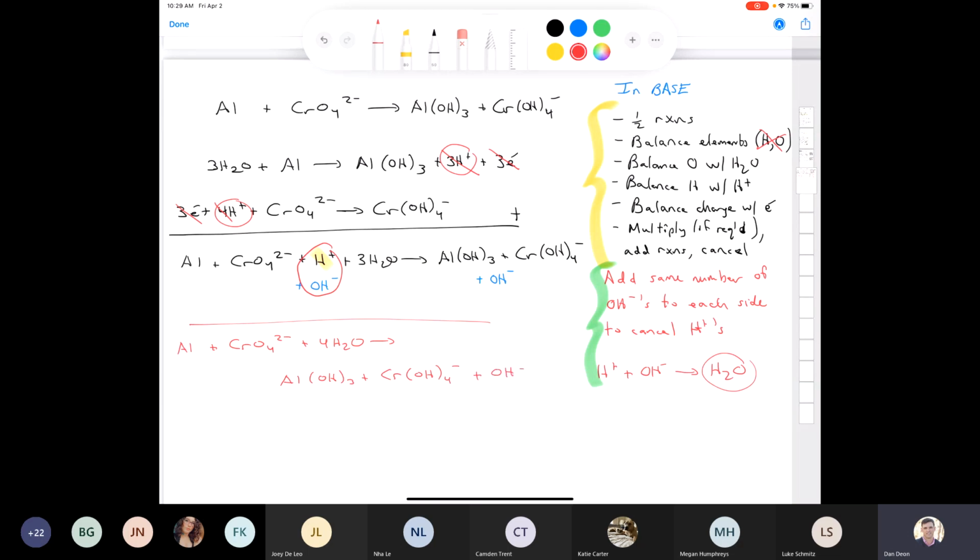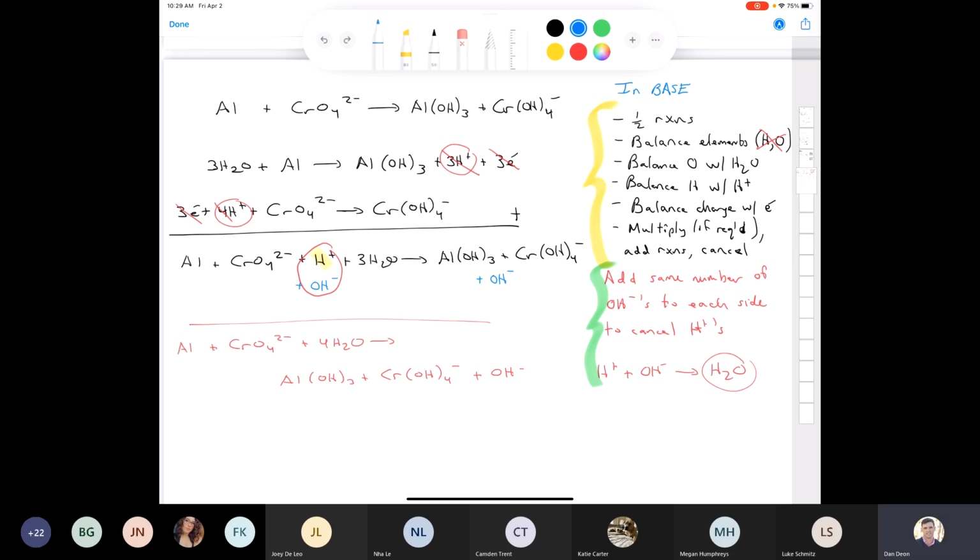So that is the reaction balanced in base. If we look at it, we have 1 aluminum, we have 1 chromium. We tally up the number of hydrogens. We have 8 hydrogens over here. Look, we have 3, 4, and 1. So that's 8 on both sides.